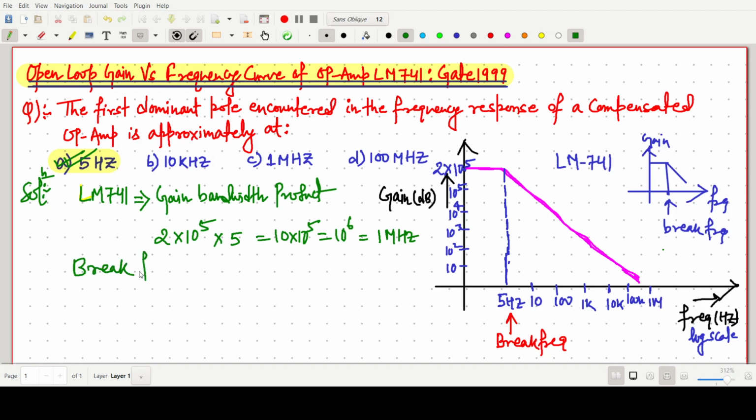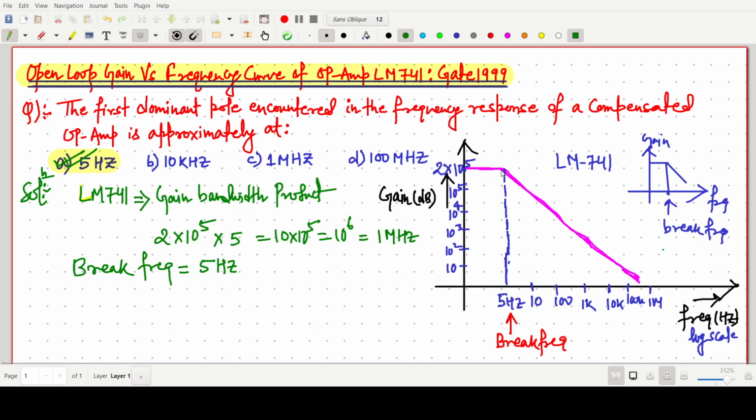So the gain bandwidth will be 1 megahertz in case of an op-amp, and the break frequency we have to remember is 5 hertz. The gain bandwidth product will be constant. So 5 hertz is the break frequency, the frequency at which the gain is 3 dB down from its value at 0 hertz.